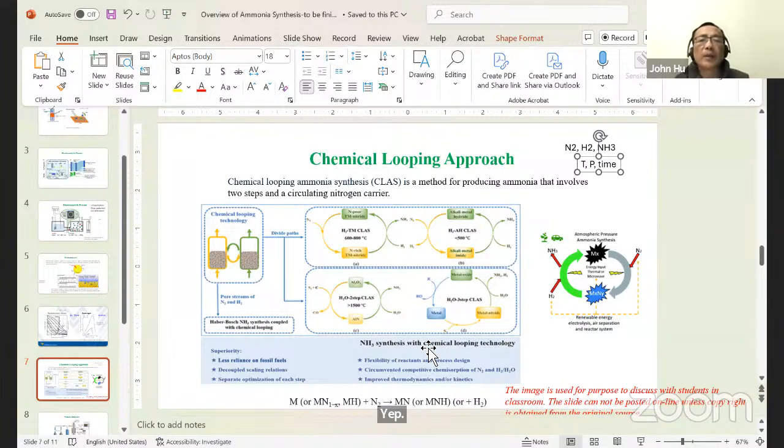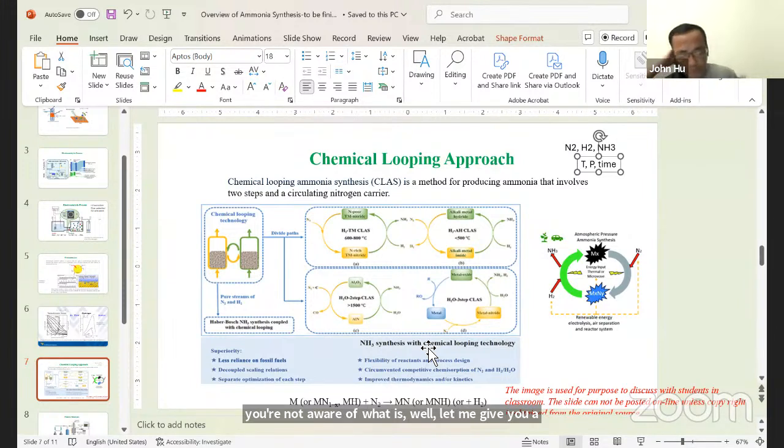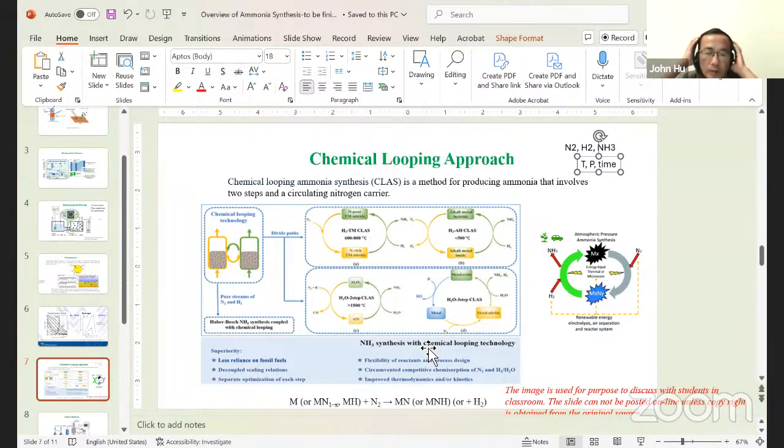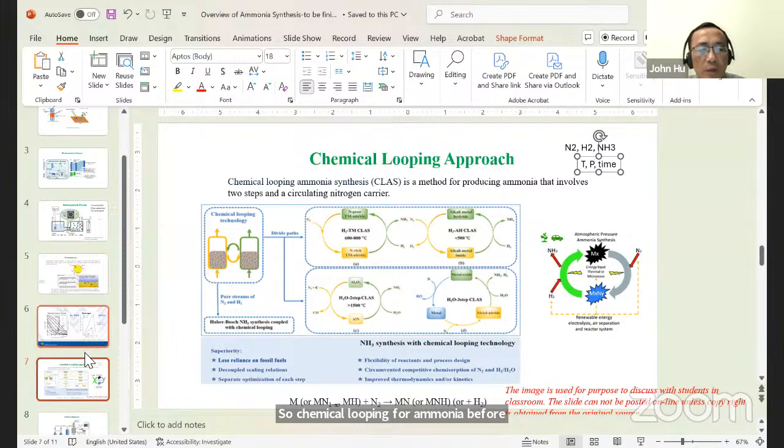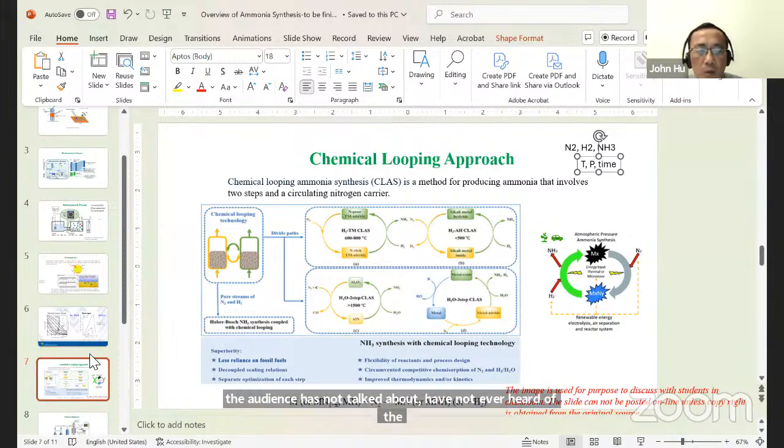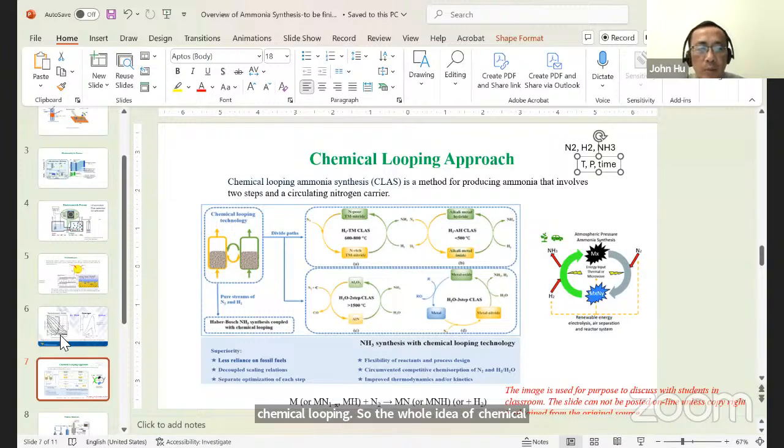Well, let me give you a basic theory. Since the audience has not ever heard of chemical looping, the whole idea of chemical looping is to break the equilibrium control.